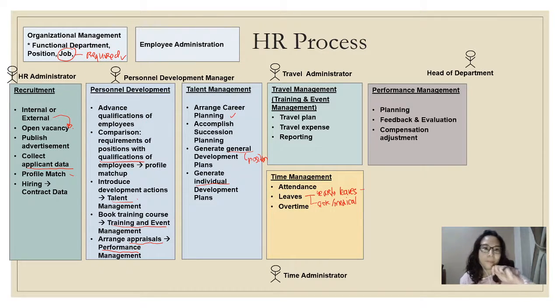And then there will be a head of department, department HR, whereby the head of department HR later on will do the performance management. The performance management will start with the planning.